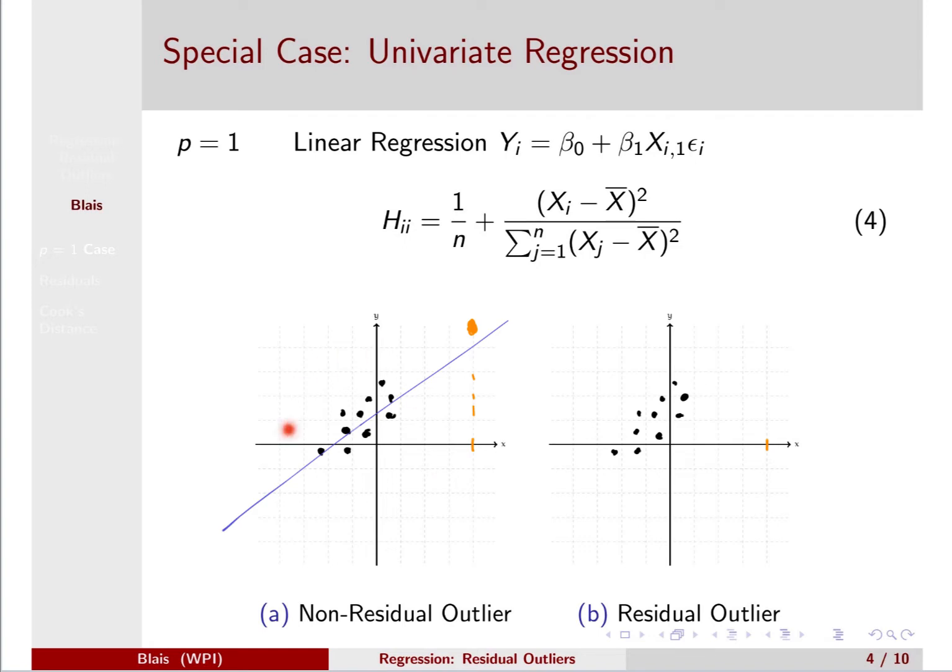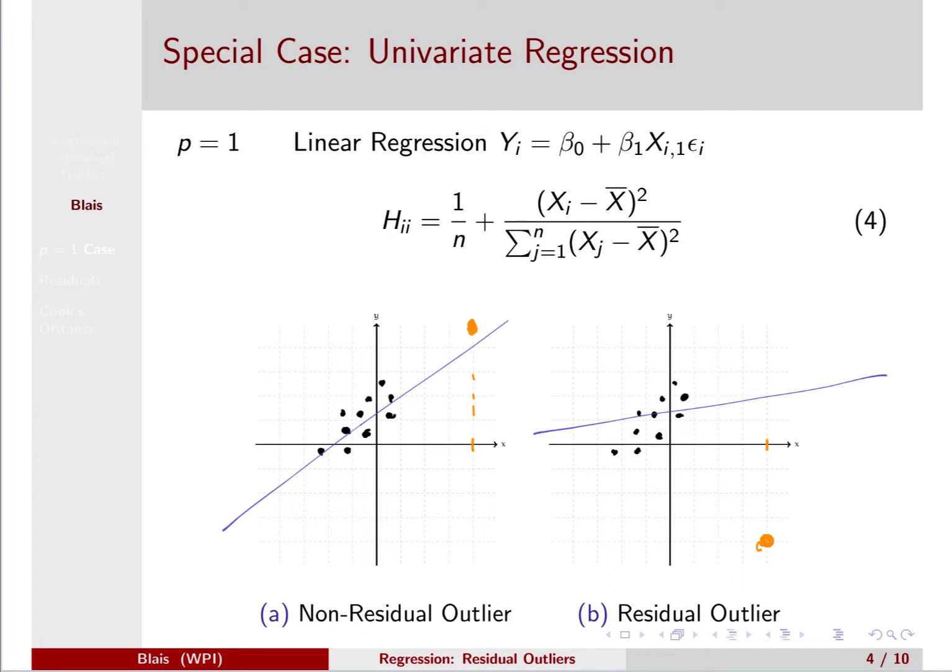And so this would be a non-residual outlier. And over here, if we have that observation being down here, we see this is a residual outlier. And when we move this point from up here to way down here, the result on our least squares fit for the line is to pull this down, and our line looks something like this.